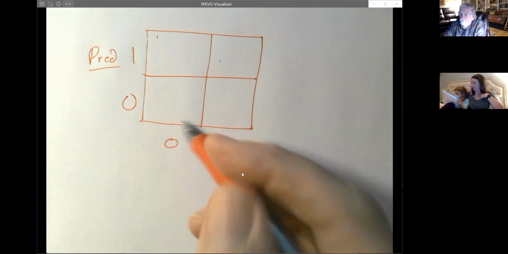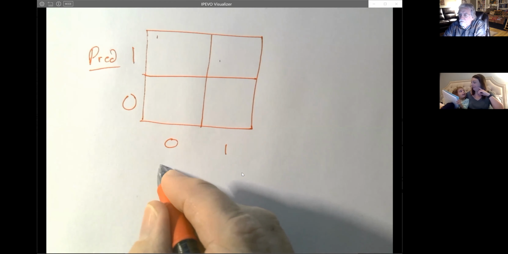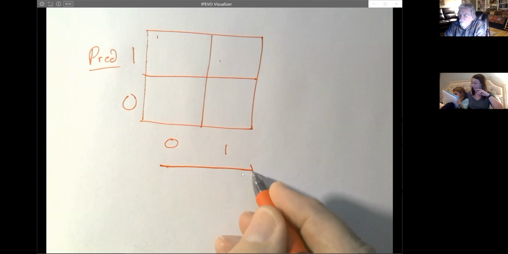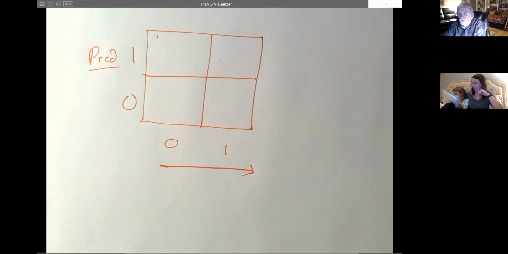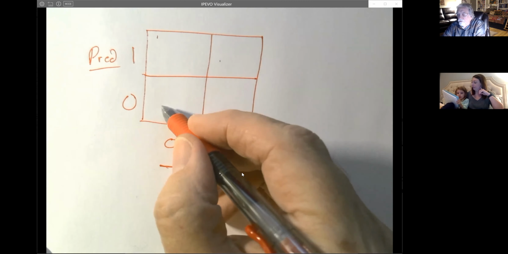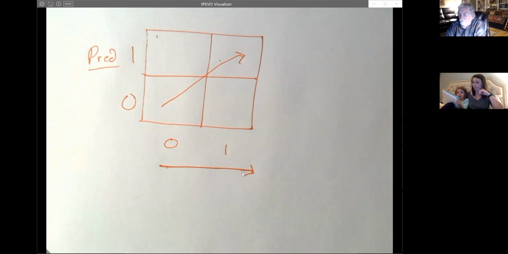As we think about moving from 0 to 1 on the dependent variable, does that also create a movement from 0 to 1 on the independent variable?